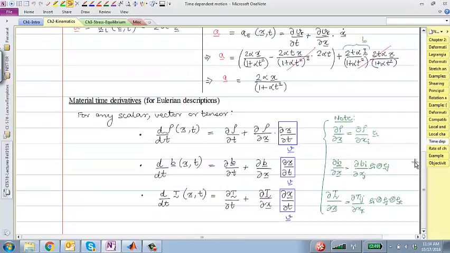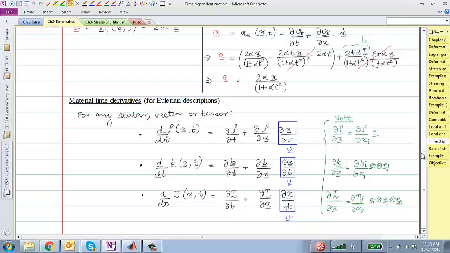I also talked about the material time derivative. If you remember, you fix yourself to a point in space, and the material is flowing through that space. In order to figure out the rate of change of some scalar quantity, say density, at that point, you would take the partial derivative with respect to time and add a convective term to understand how the quantities related to a particular material point are changing.